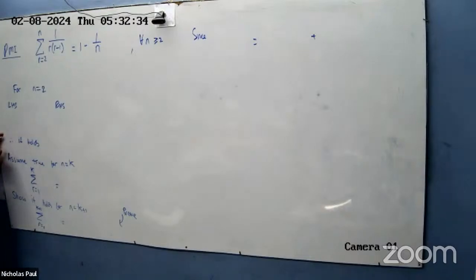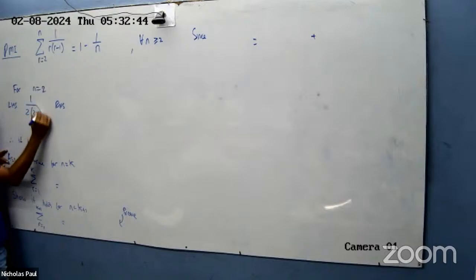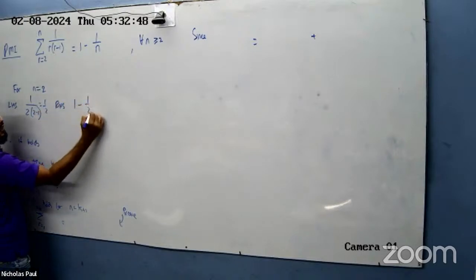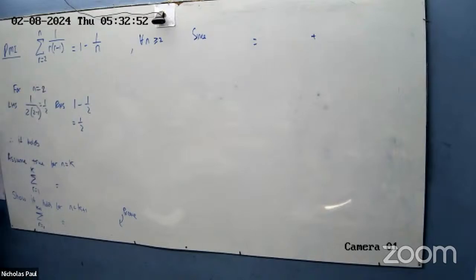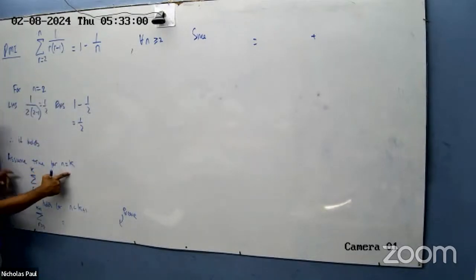So when n is 2, you see it? It's 1 over 2 times (2 minus 1), which is a half. The right hand side is 1 minus a half, which is a half. So it holds when n is 2. Now, assume true for n equal to k.